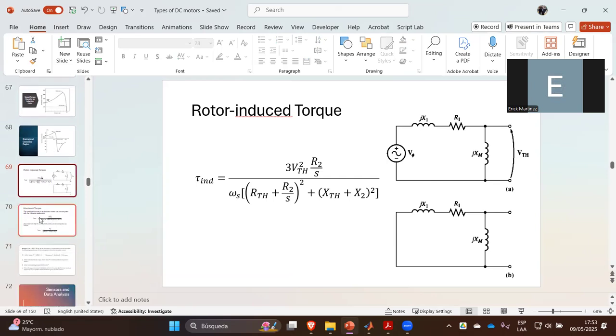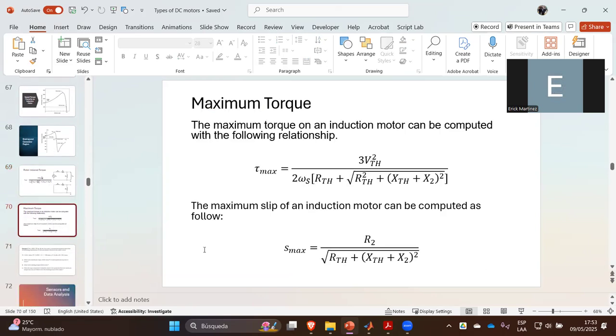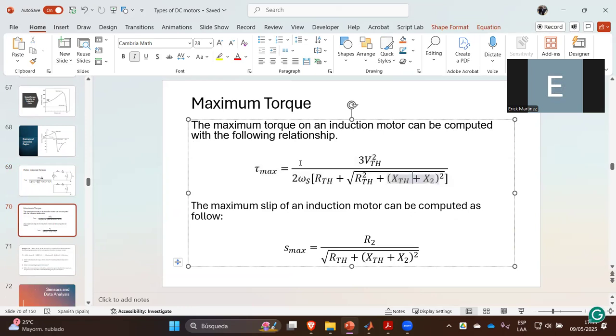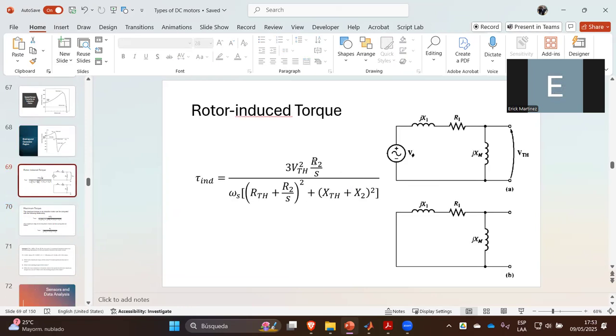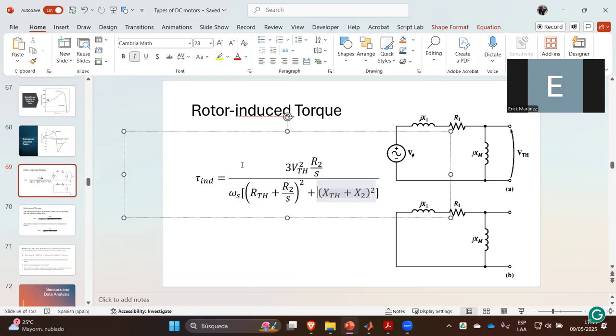Again, we can also derive an equation for the maximum torque. It is interesting to notice that the induced torque has an expression that depends on the Thevenin equivalent, but also on the resistance R2 and the impedance X2.